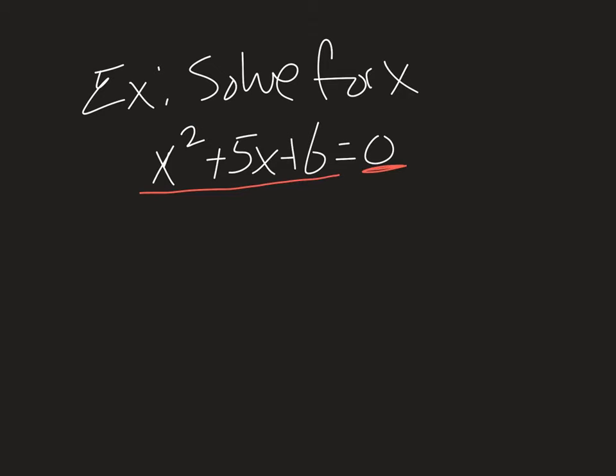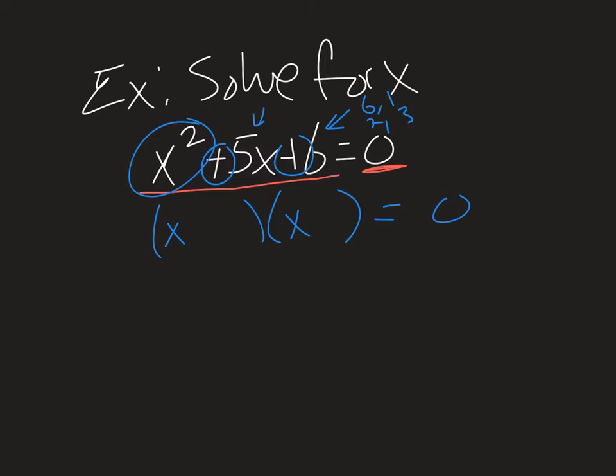So the first thing I'm going to do is try and factor this quadratic expression. Now again, to get x squared, we have to have an x and an x in our parentheses. And then I'm going to look at the 6 and think, okay, factors of 6. What numbers multiply to make 6? That'd be 6 and 1, 2 and 3. And I have to have a positive 6 and make them add to a positive 5, just like we talked about.